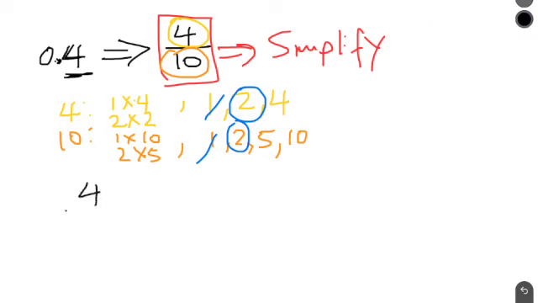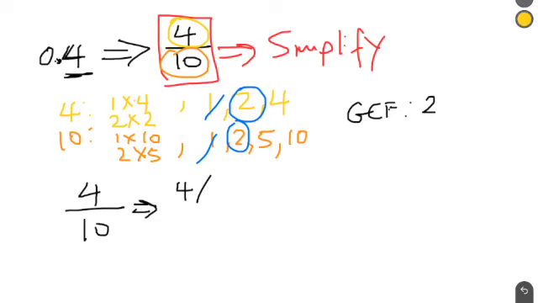We go back to our fraction and divide 4 by the greatest common factor. We said that the greatest common factor is 2 because it's the largest. So 4 divided by the greatest common factor that we just found, and then 10 divided by the greatest common factor that we just found.